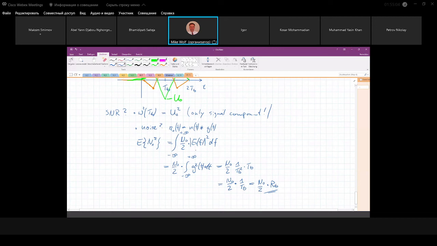Sometimes in the lecture, take care, just the integral from 0 to infinity, so this is only the right-hand side, of the magnitude of G of f squared df, is denoted as the so-called noise bandwidth.